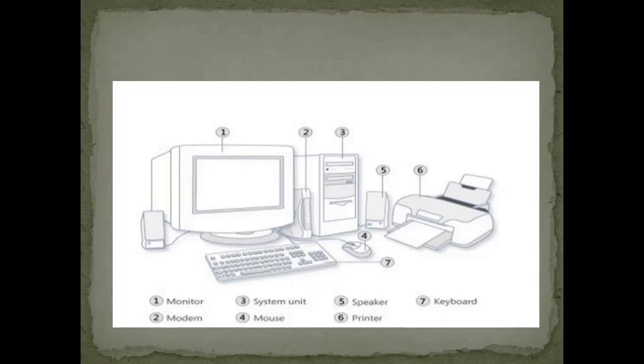The sixth one is a printer, also an output device. The seventh one is a keyboard, an input device. The whole thing is called a computer. Computer architecture is how the peripheral devices are interconnected, designed and implemented. These details are described in computer architecture.